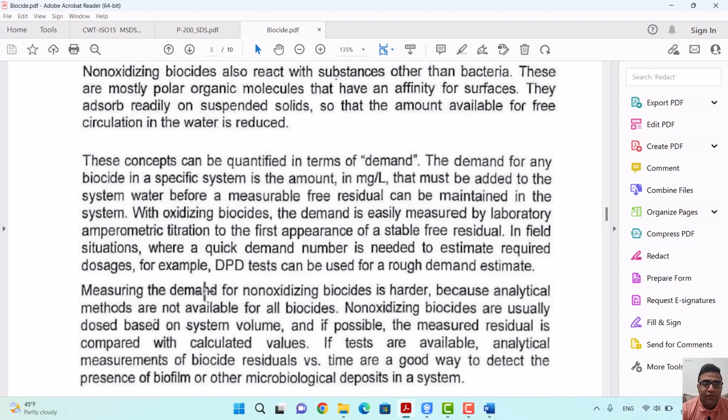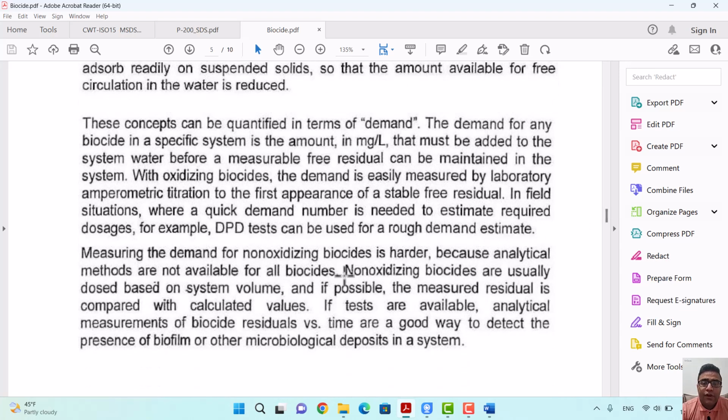Here it says non-oxidizing biocides are usually dosed based on system volume. It's an important sentence and all calculations are based on this sentence.